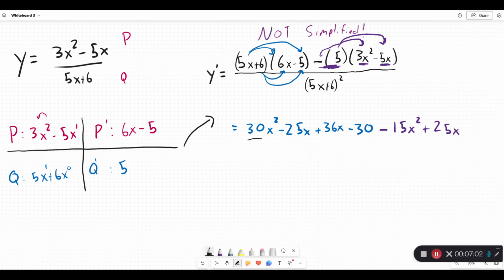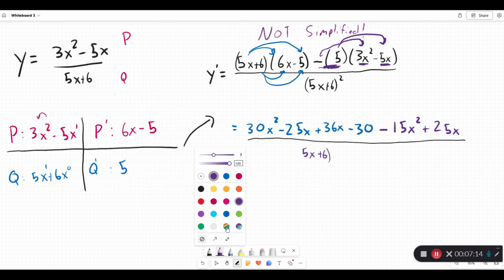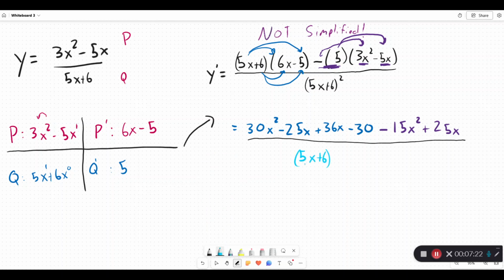Don't forget, we'll take that whole thing and we'll divide by whatever 5x plus 6 squared is. So we can actually rewrite that as 5x plus 6 times 5x plus 6. We'll also multiply that out. Let's do some gathering.